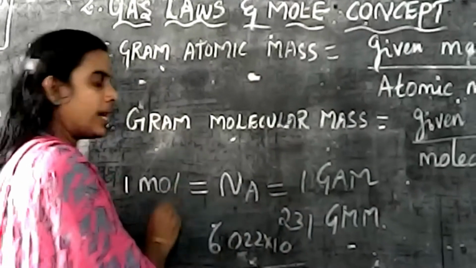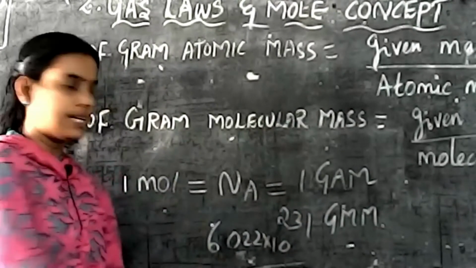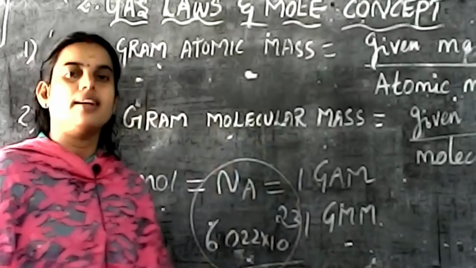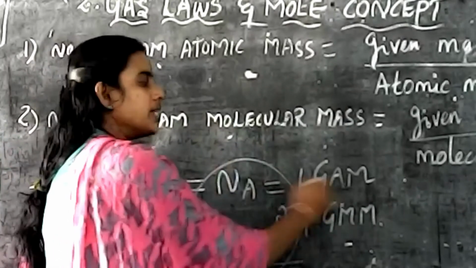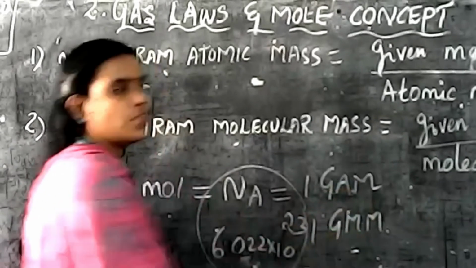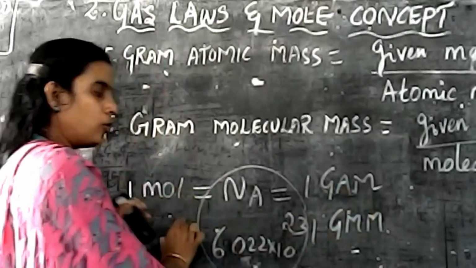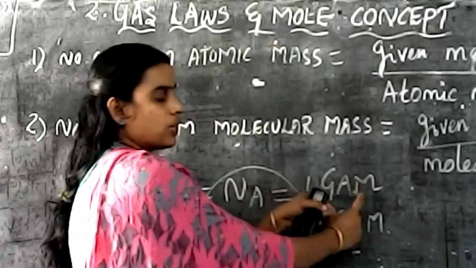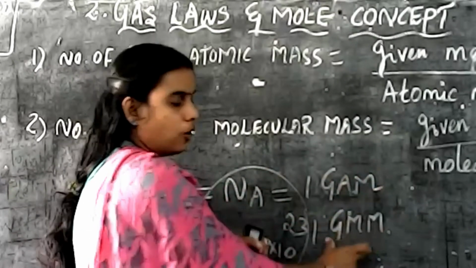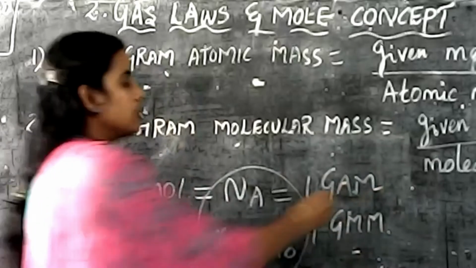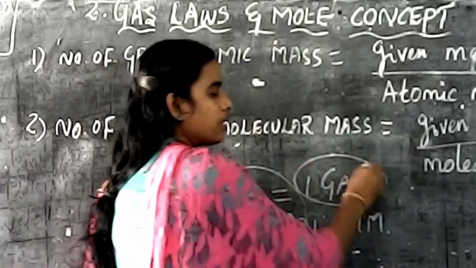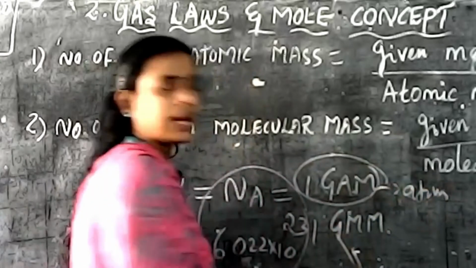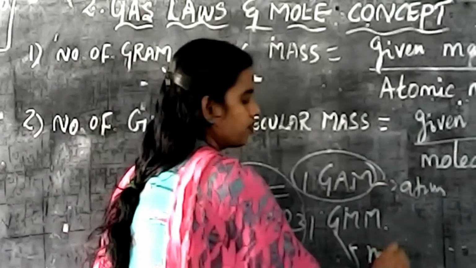So 1 mole of any substance contains this Avogadro number of particles, which is equal to 1 GAM or 1 GMM. GAM represents atoms, and GMM indicates molecules.